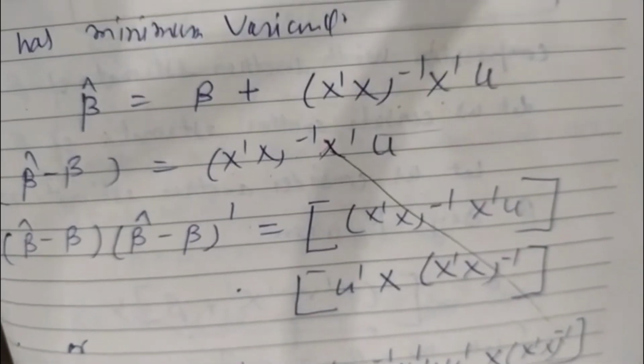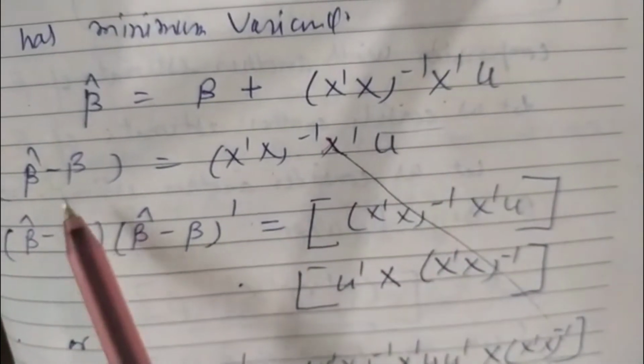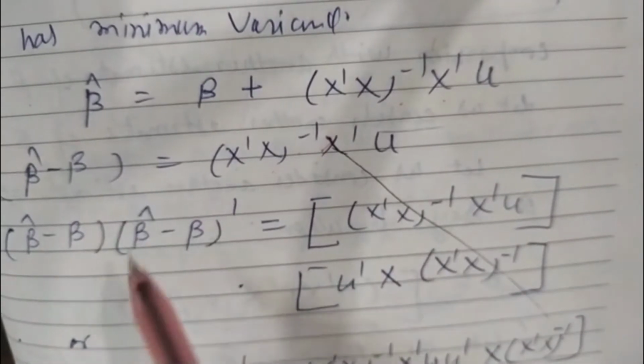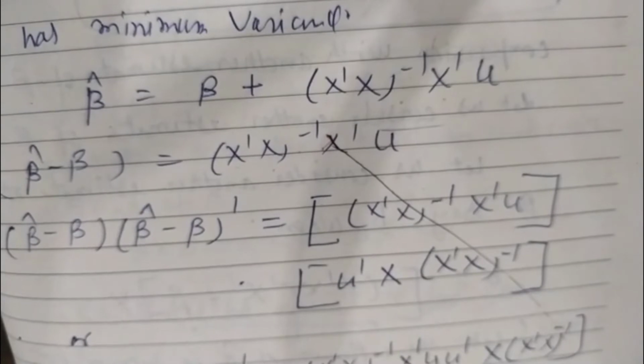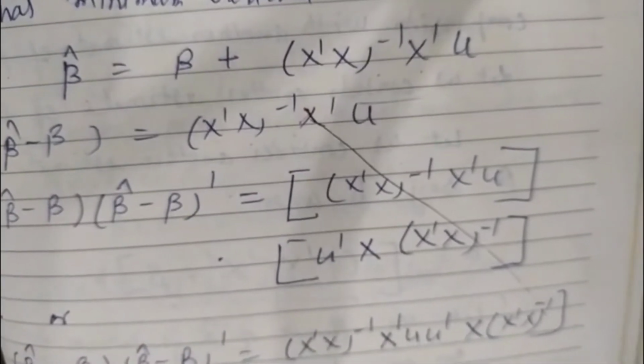For squaring both sides, we take the transpose of this matrix, giving (estimated beta minus beta) transpose.